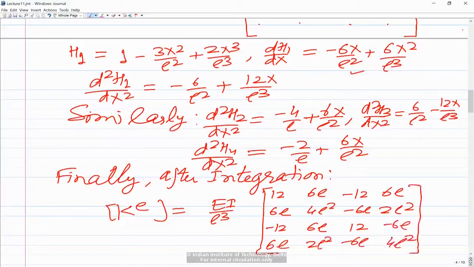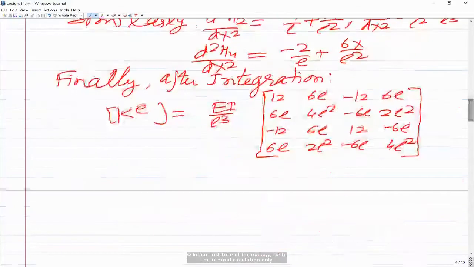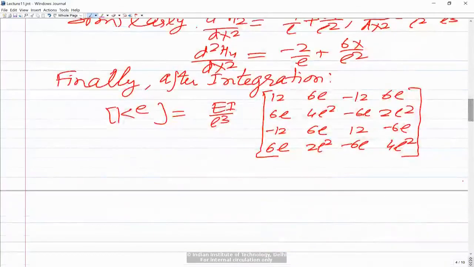So this comes out as your element level stiffness matrix for the Euler-Bernoulli beam finite element.